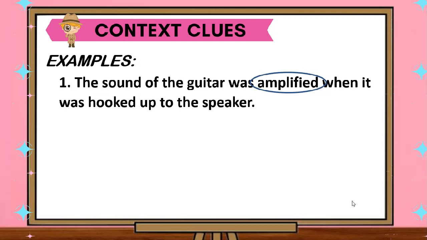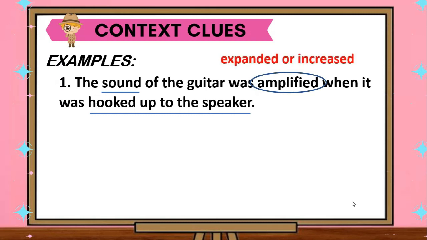The context clues here are sound and was hooked up to the speaker. Through these context clues, we may infer that the meaning of amplified is expanded or increased.